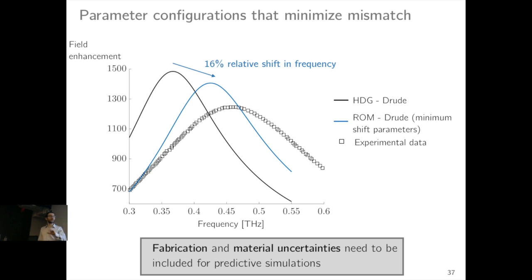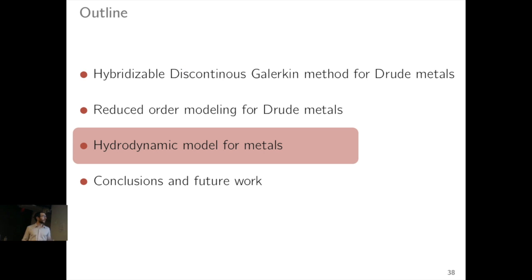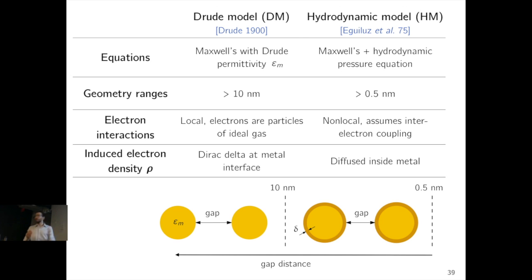And this is what's going to be the last part of my talk, trying to enhance the physics of this model. And this is precisely the hydrodynamic model for metals. So the hydrodynamic model for metals is essentially an extension of the Drude model that takes into account the non-local interactions between electrons that starts to become important at geometries below tens of nanometers.